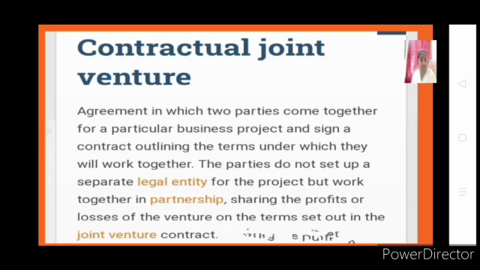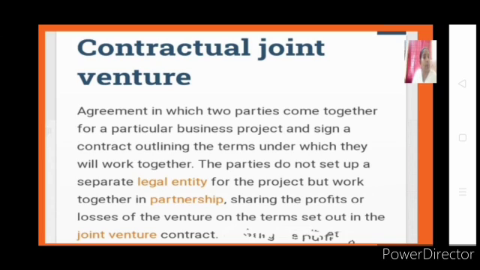We don't establish any company called C, but we just enter into an agreement called joint venture contract, that is an agreement under joint venture, and we do the work. Once the work completes, our agreement gets cancelled. Is it clear? That's it. Again, I will be doing my own business, and B, my friend, will be doing his own business.